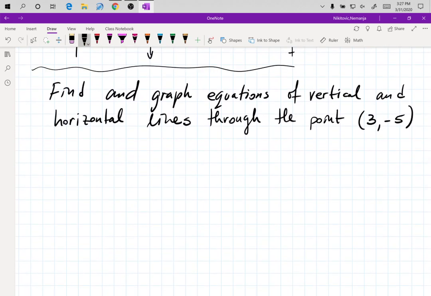So this is one of the problems with horizontal and vertical lines that for some reason students couldn't figure out, and I don't get it.